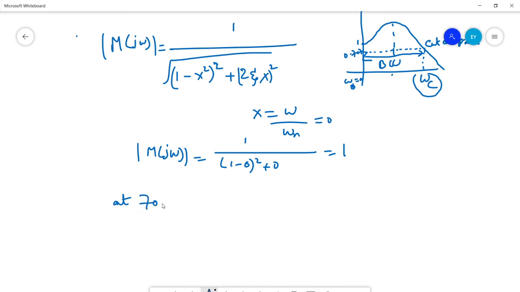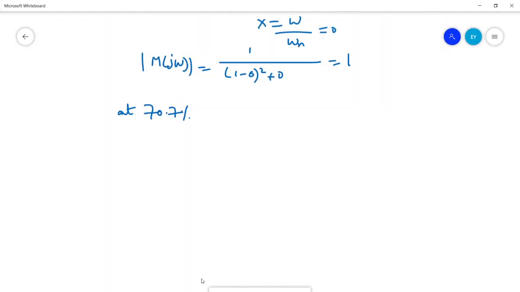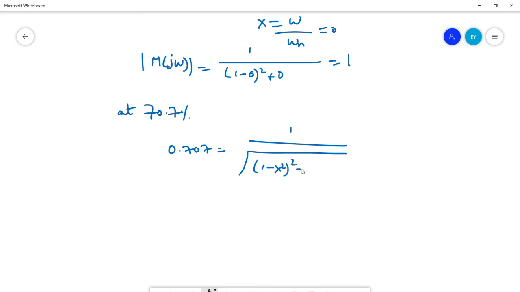At 70.7% of magnitude, M of j omega will be 0.707. Then equate this to 0.707. Okay, write it down. 0.707 is equal to 1 by square root of (1 minus x square) whole square plus (2 zeta x) square. 0.707 can also be written as 1 by root 2.